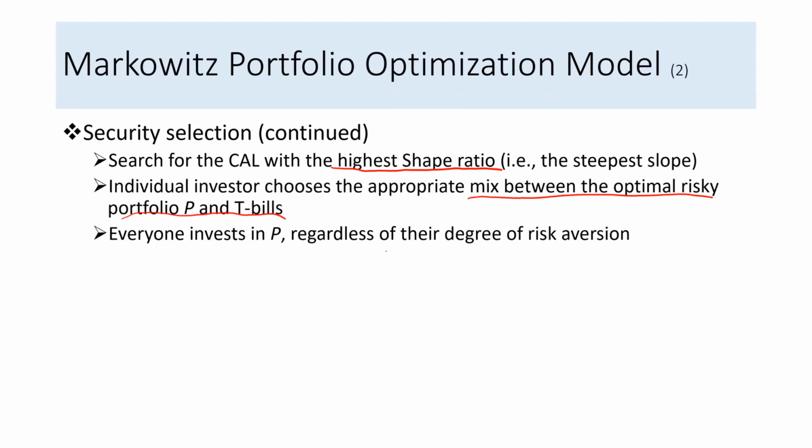Everyone can invest differently, so they can allocate their assets differently amongst the optimal risky portfolio and the risk-free asset. Everyone will invest in P regardless of their degree of risk aversion. Their risk aversion level will only change the proportion that they invest in the optimal risky portfolio and the risk-free asset.